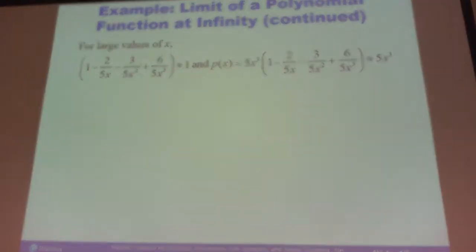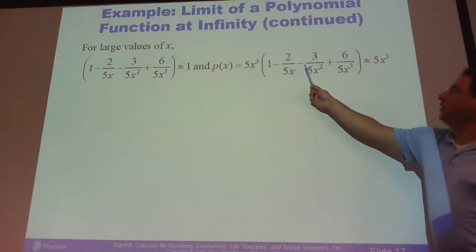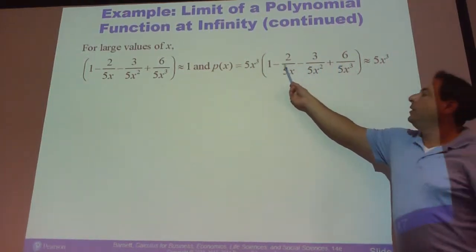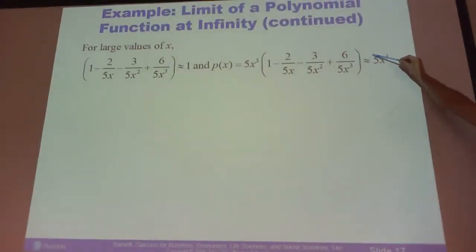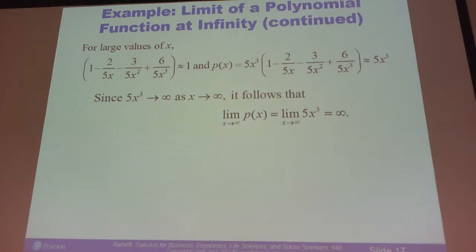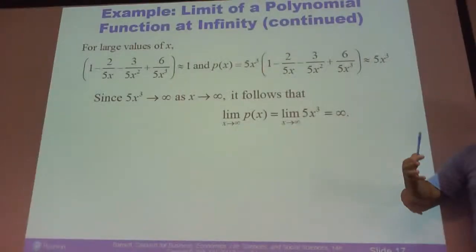Now, if all of that is 0, 0, 0, then 1 minus 0 just ends up being 1, which means we're really just left with that lead coefficient. And if you plug infinity in for x cubed, infinity cubed is even larger.